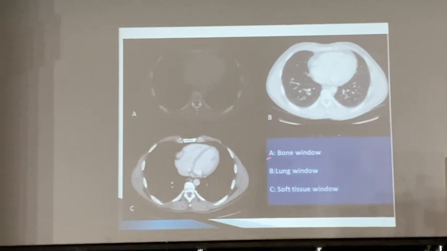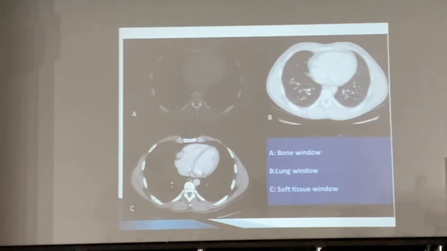The bone window is used for characterization of any bone lesions and for fractures. For bony details, you have to use the bone window. If there is a fracture, it cannot be seen by the soft tissue window, only by the bone window.